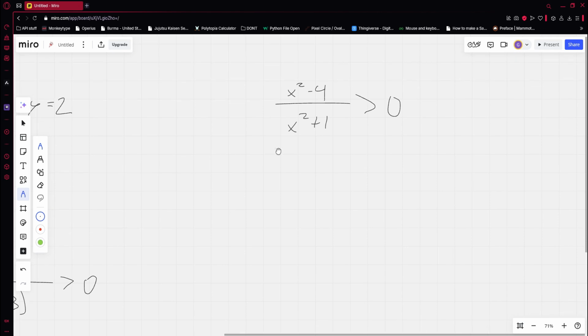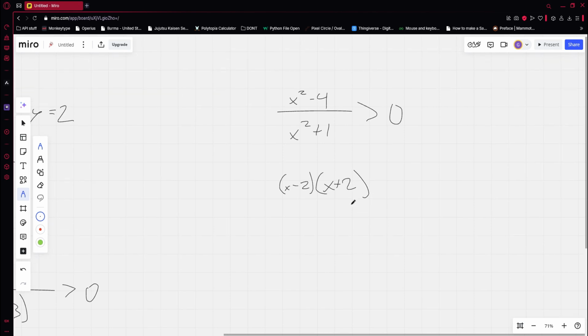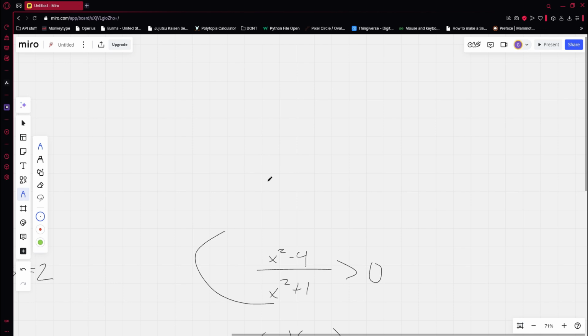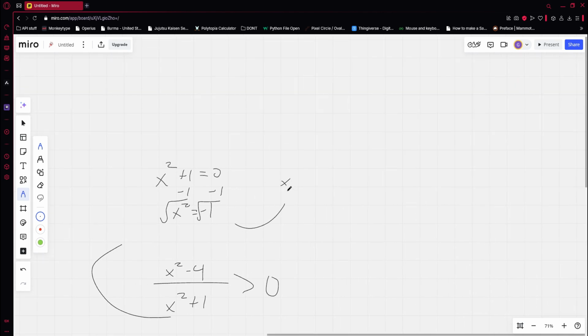We're going to do x minus 2, x plus 2. Easy peasy. Now here, you can't really factor that, and it's not in the right form. If you were to factor this, you would get x squared plus 1 equals 0. Minus 1, minus 1, x squared equals -1, square root of -1, which is just x equals plus minus i.